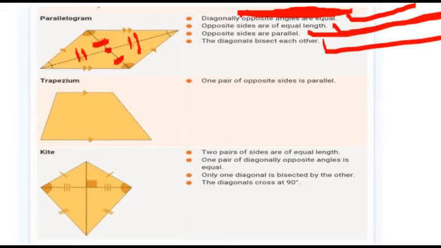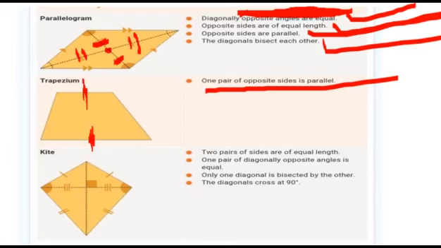Next up is a trapezium. In a trapezium, one pair of opposite sides is parallel, and that is this side. These two sides are parallel to each other. In a parallelogram, both pairs of opposite sides are parallel, while in a trapezium, just one pair of opposite sides is parallel. And what if we have to convert this into an isosceles trapezium?